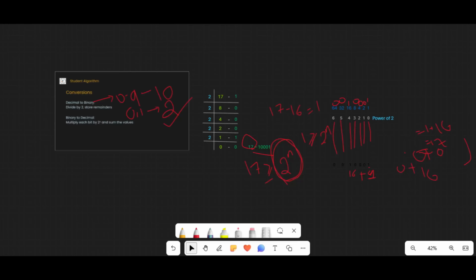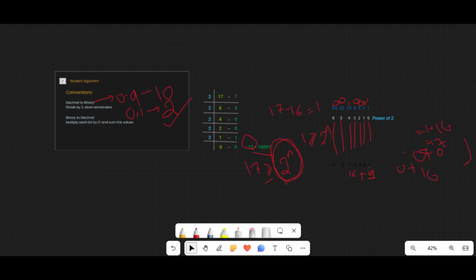Here we have 1, so we put 1 over here, and the remaining positions in between we fill with zeros. So this is the simplest way to convert decimal numbers to binary. Instead of doing all this, we can easily convert any given number to its binary representation using this technique.